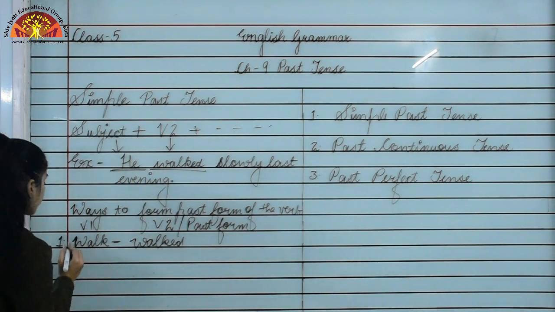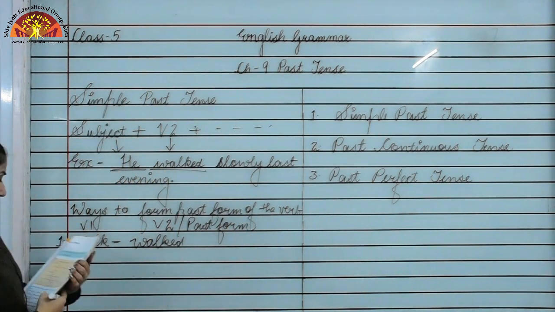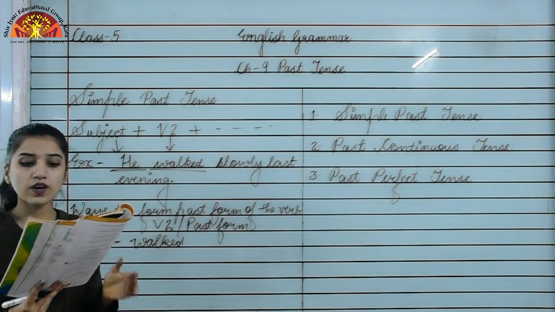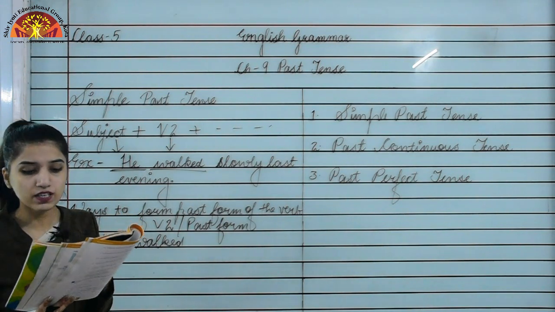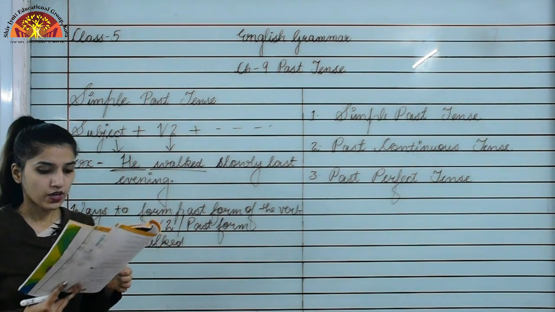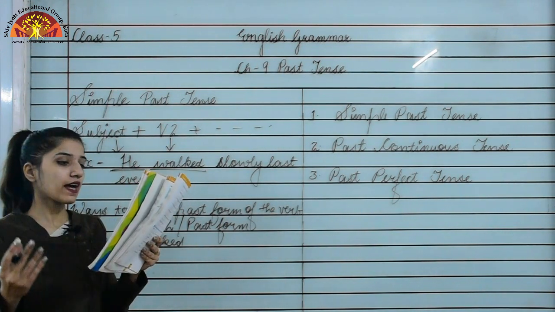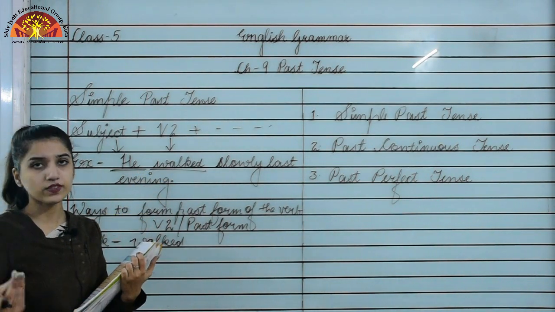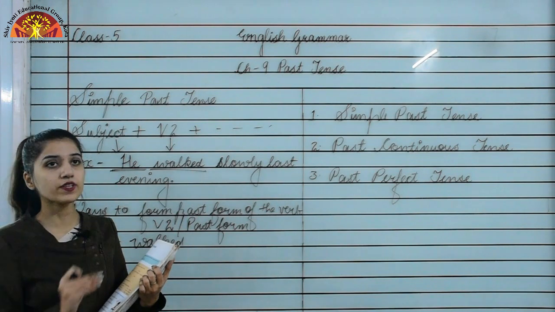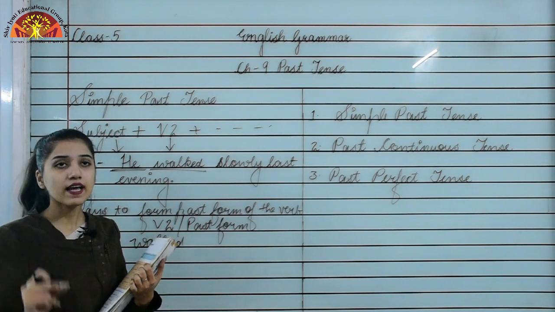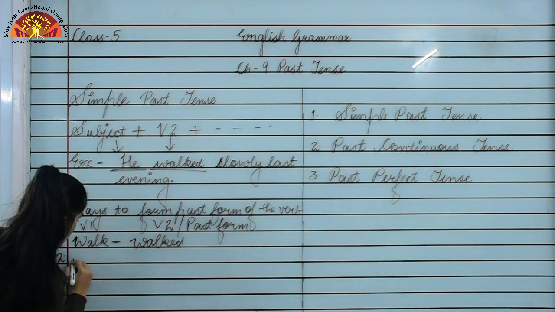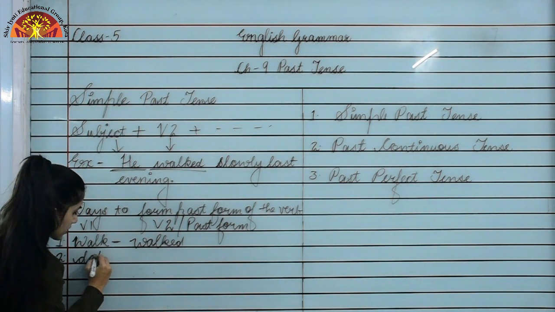Now let's see the second way. Double the consonant and add ed to the verbs ending in a single vowel and consonant. The words that are ending with a consonant, and before the consonant there is a vowel. Let's suppose it is dot.